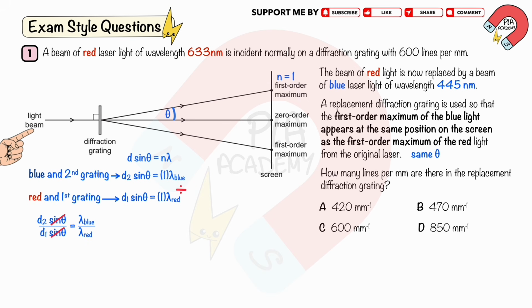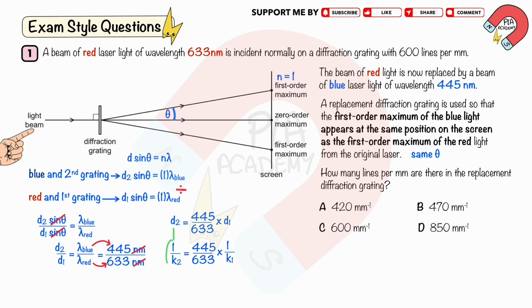So, sin theta is the same for both, it cancels out, leaving d2 over d1 equals blue lambda over red lambda. Substituting blue lambda equals 445 nanometers and red lambda equals 633 nanometers, the nanometers cancel out, so we get d2 equals 445 over 633 times d1.